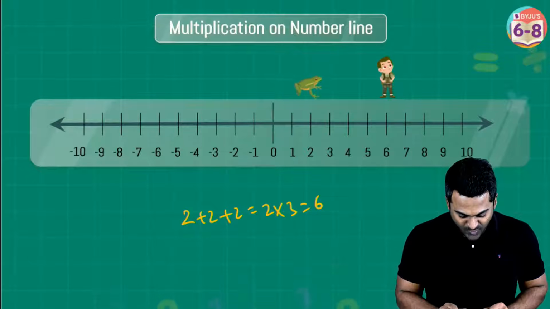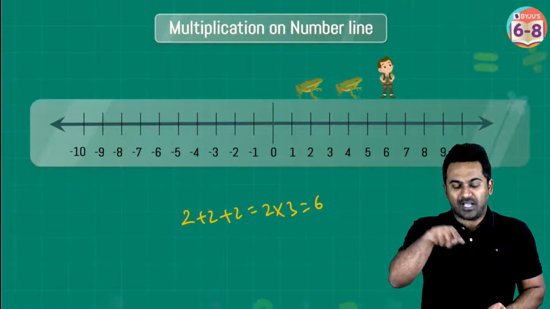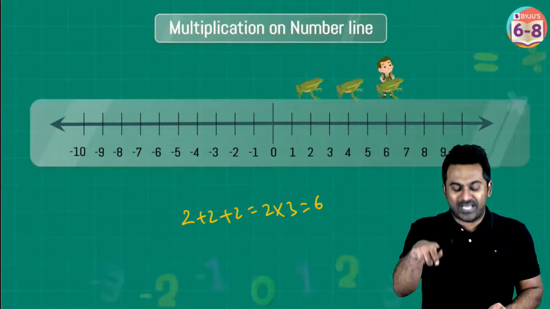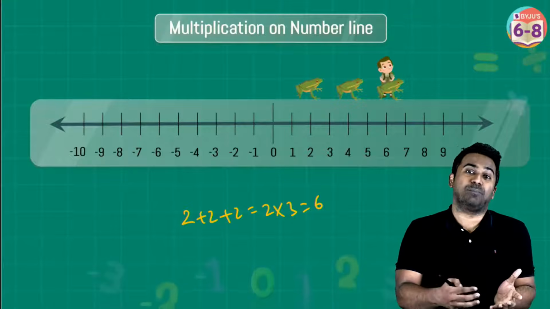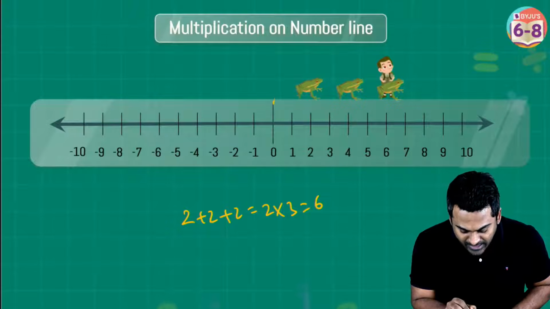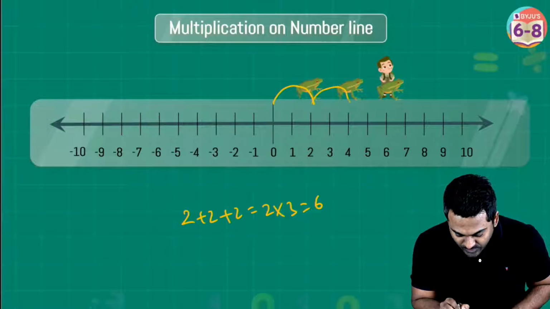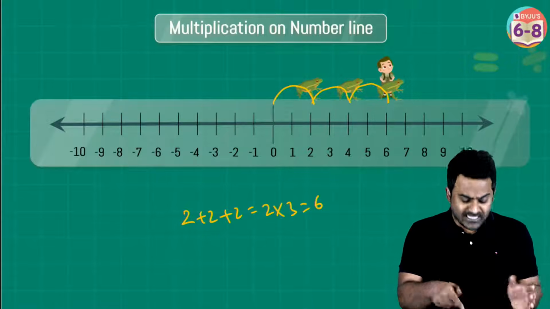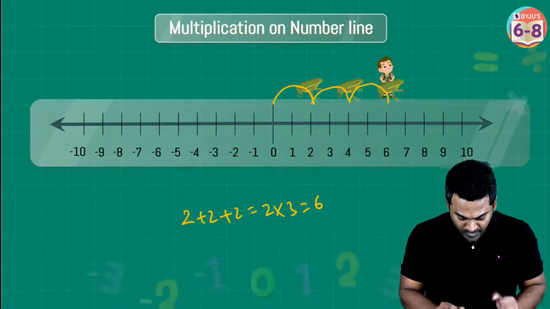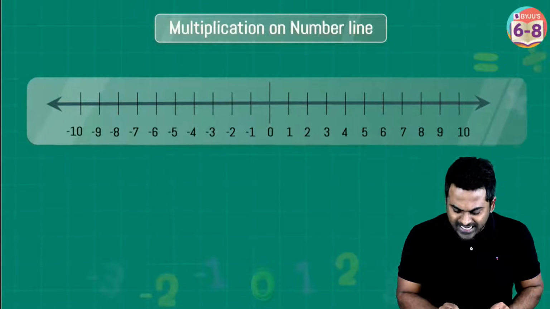Okay, so here you have a frog. He's gonna hop 2 places 3 times. So that is another way of visualizing a multiplication on a number line. So hopping 2 places 3 times is going to take you to the answer, and that is 6. And obviously you're starting from 0 here. Okay, so this was multiplication on a number line.